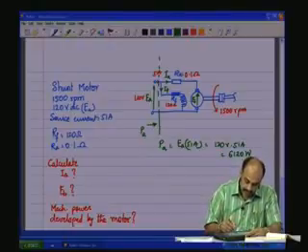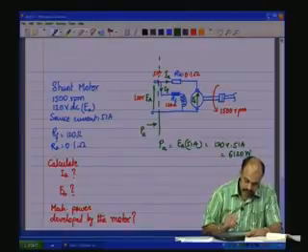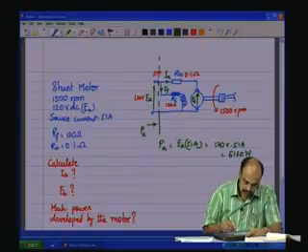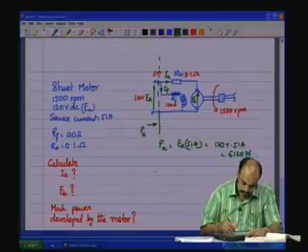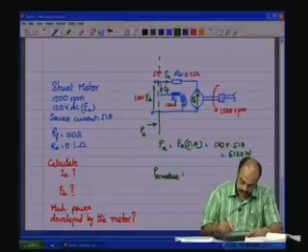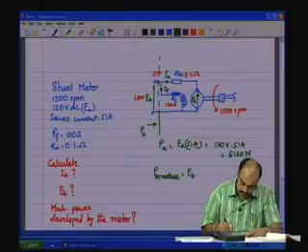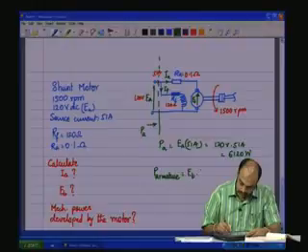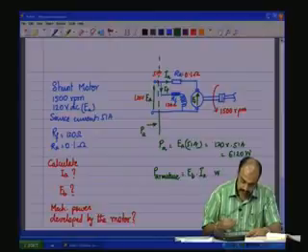And what is the power absorbed in the armature? The power absorbed in the armature, P armature, will be EB into IA watts.